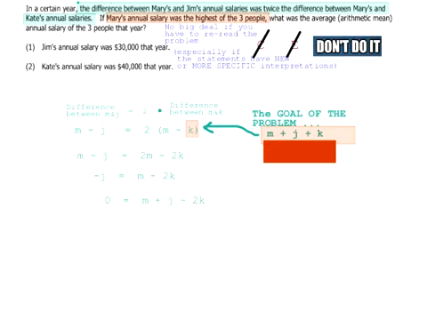So I'm going to do something that would be inexplicable if you didn't really know that I had that as my goal. But if I do have that as my goal, it's a step that makes perfect sense, which is I'm going to add 3K to both sides. Because now that gives me the average over there, or at least the sum. Ah, look at that.